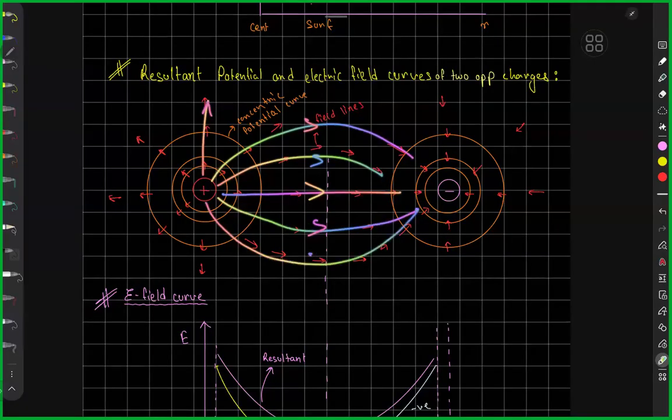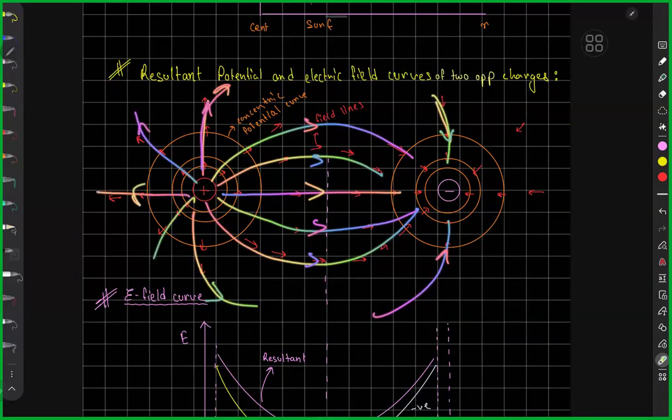You will see this with magnets as well when you study magnetic fields. So this is how the field lines would look if you had to draw a proper diagram.